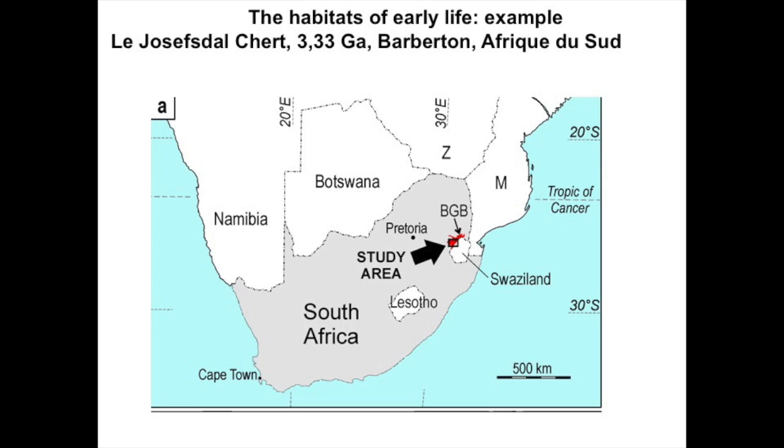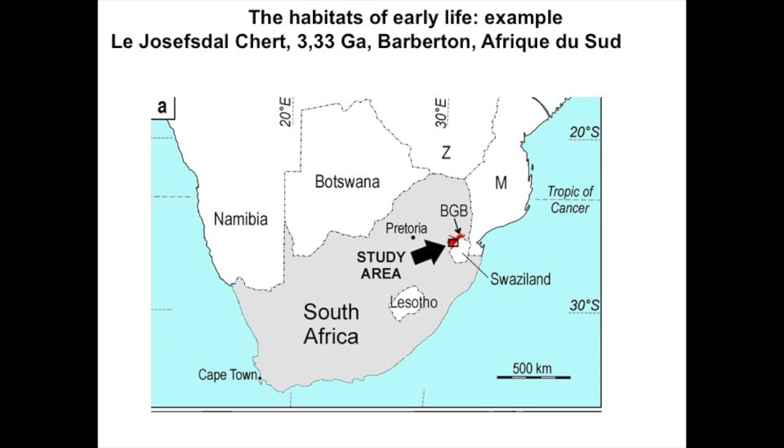So I'm going to show you some examples of the habitats. I'll use one example, the Barberton Greenstone Belt here, east of Pretoria and just on the border of Swaziland. It's a beautiful area. The geology, for the geologists of you, the Greenstone Belt is folded.